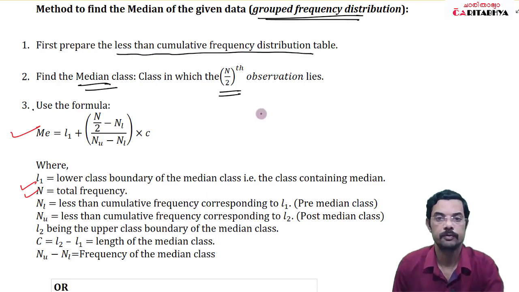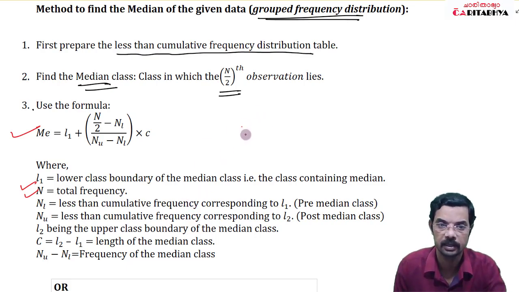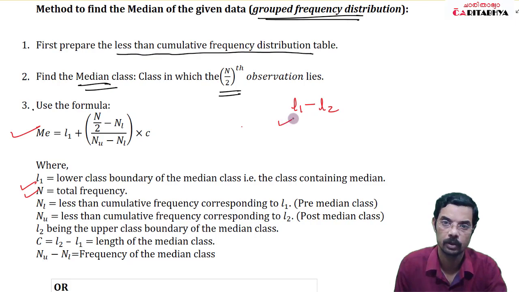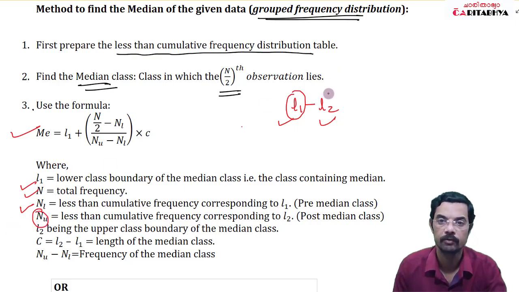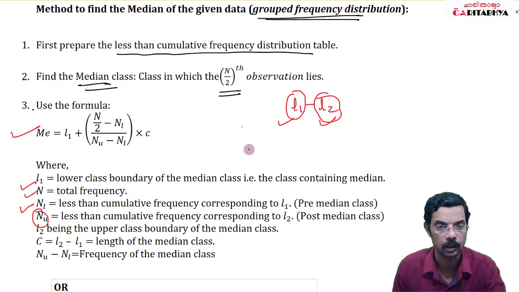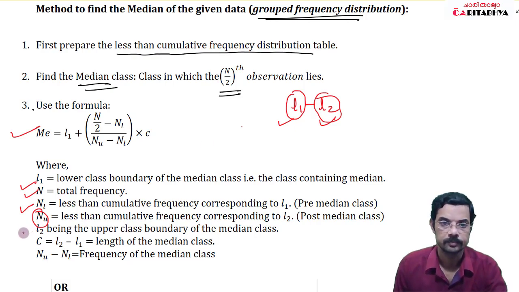Suppose we find the median class, say L1 to L2. So this is the lower boundary point of the median class and this is the upper boundary point of the median class. Now NL will be the cumulative frequency corresponding to L1, and NU will be the cumulative frequency corresponding to L2.